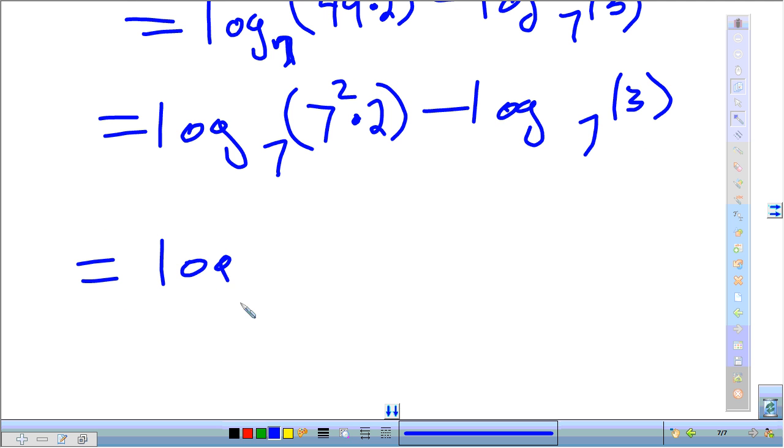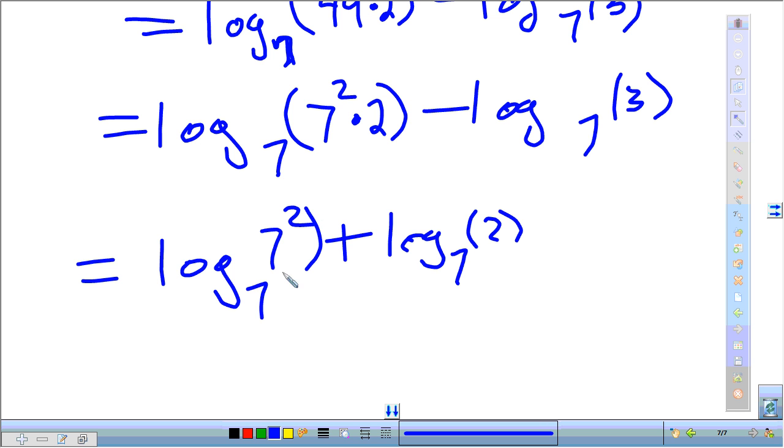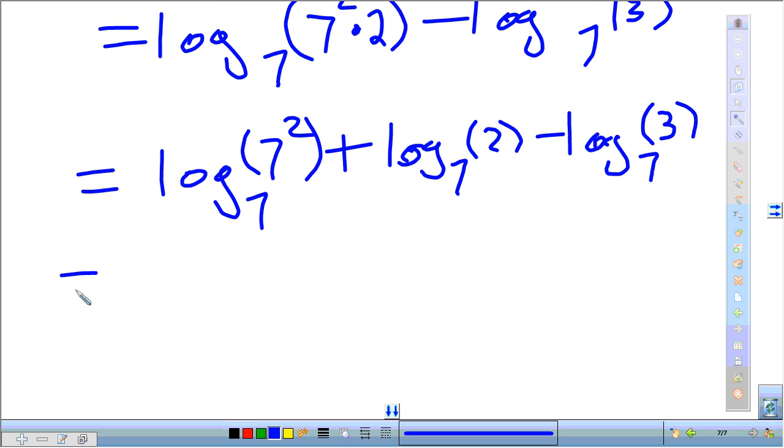So then I would have log base 7 of 7 squared plus log base 7 of 2 minus log base 7 of 3. Log base 7 of 2, log base 7 of 3.